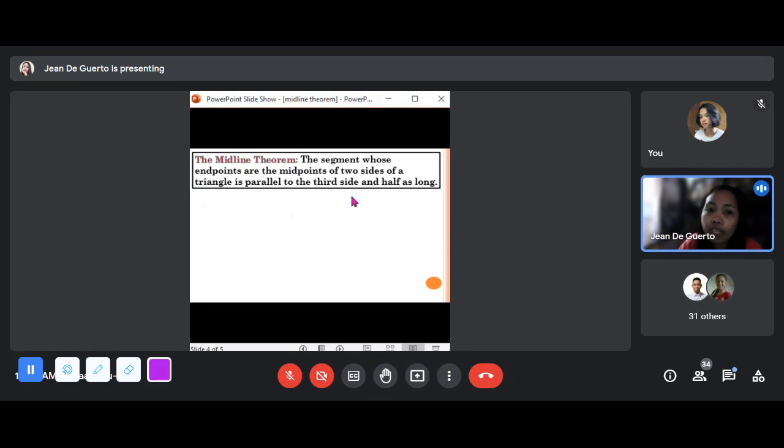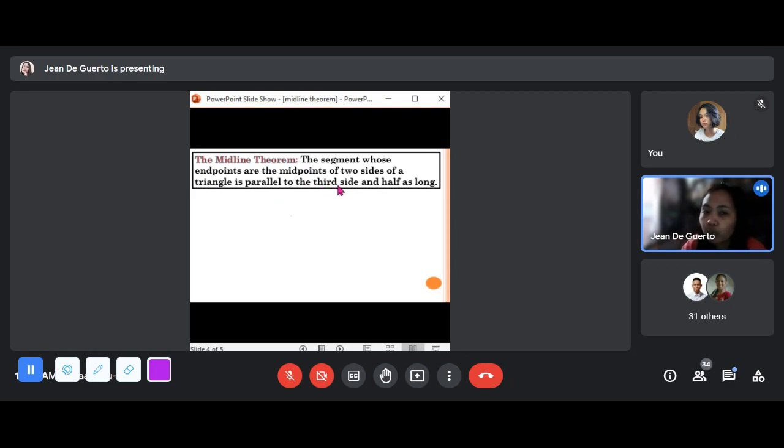Okay? So it is the line found at the middle part of your triangle, which is actually formed by connecting the midpoints of two sides of your triangle. Consecutive pala lahat ng sides ng triangle. So the segment whose endpoints are the midpoints of two sides of a triangle is always parallel to the third side.